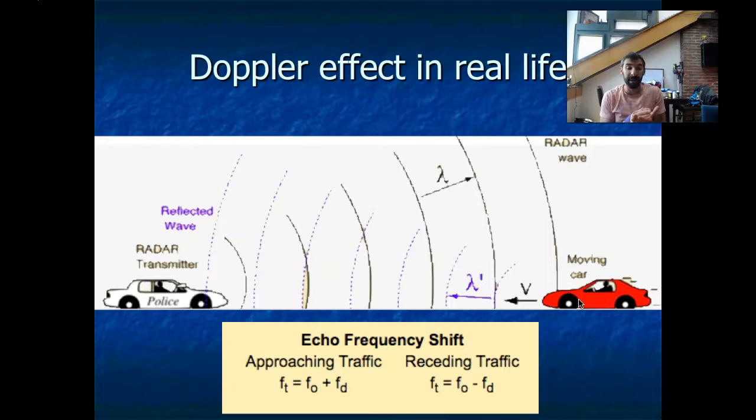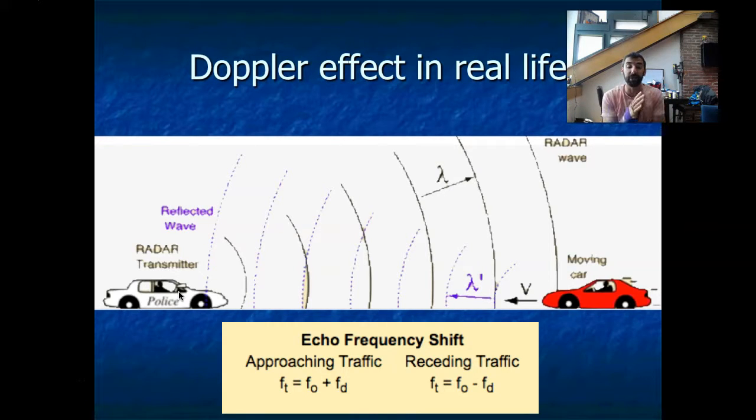Now, these microwaves have specific wavelengths and specific frequencies. So the police send those radar waves out, as you can see, here and here and here. And now this car that's going towards you, the waves hit the car and reflect. Yeah, I told you I'm going to tie it in. Reflect or bounce those waves right back to the police officer and his radar detector. Now, the radar detector does all of the work for the police officer.